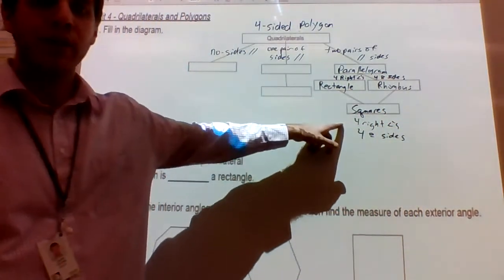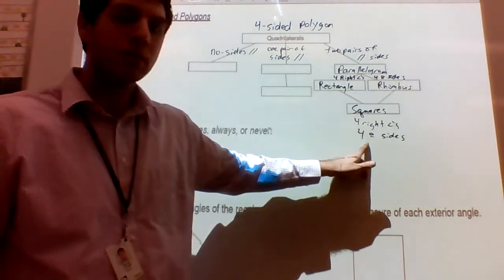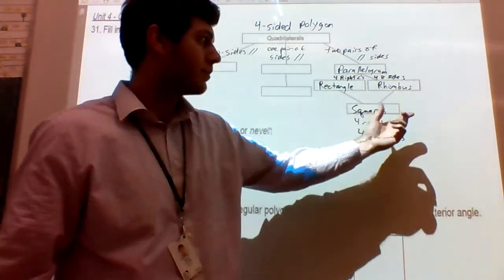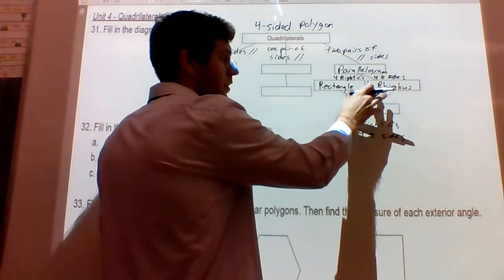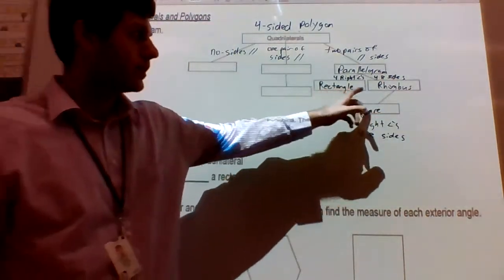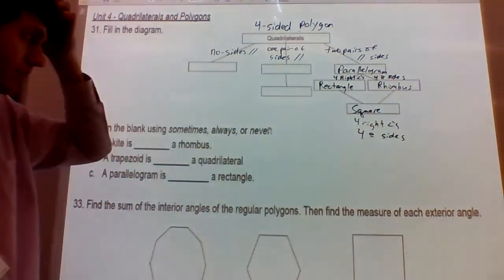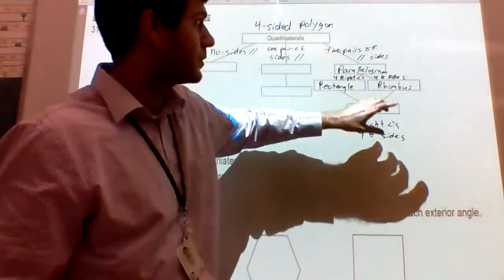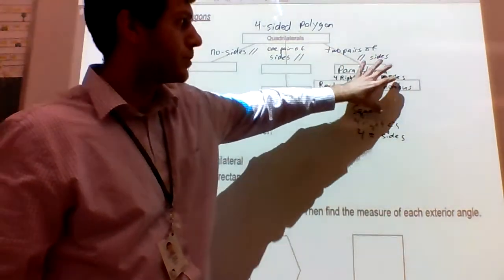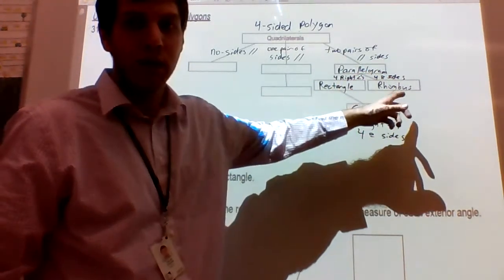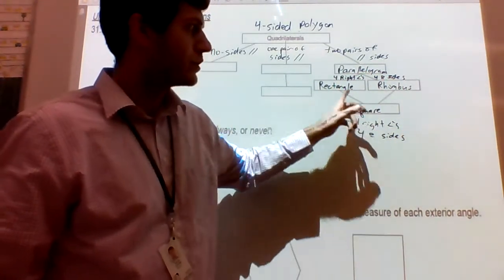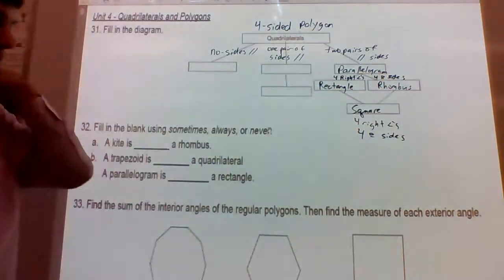So since it has 4 right angles, it's a rectangle. Since it has 4 congruent sides, it is a rhombus. So a square is always a rectangle and a rhombus. Okay, so all of these have 2 pairs of parallel sides. They're quadrilaterals with 2 pairs of parallel sides, and then we can break it down. Rectangles, 4 right angles; rhombus, 4 congruent sides. Squares are both rectangles and rhombuses.